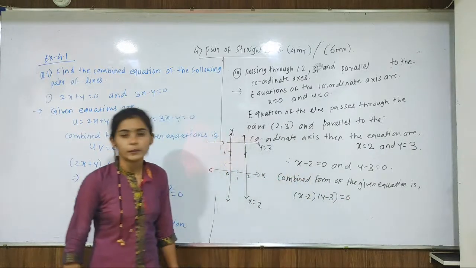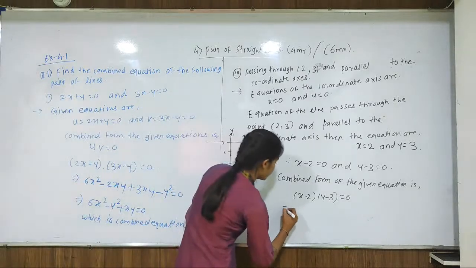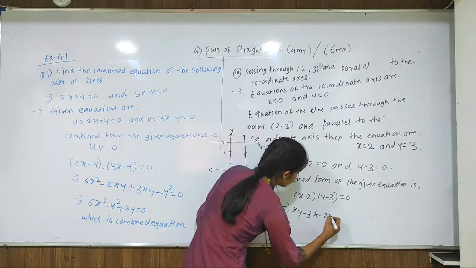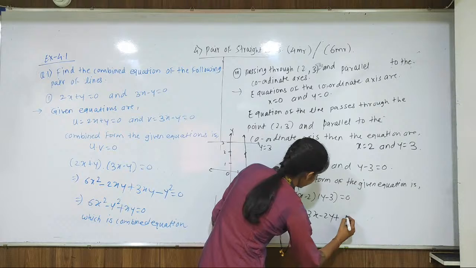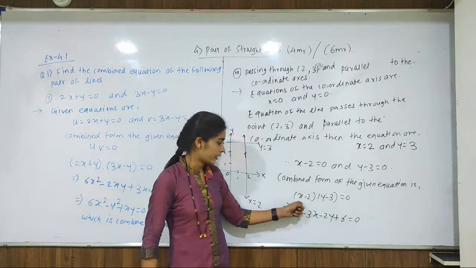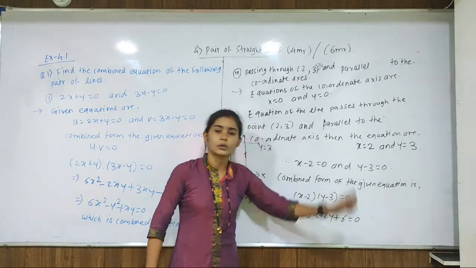What will the equation be? x into y minus 3x minus 2y plus 6 is equal to 0. So this is the combined form: xy minus 3x minus 2y plus 6 is equal to 0.